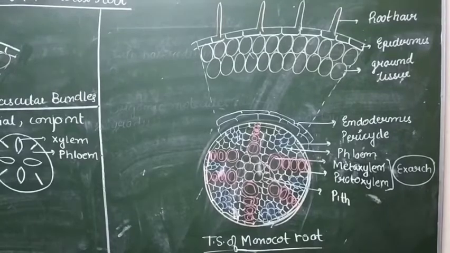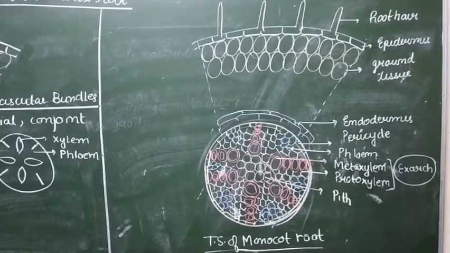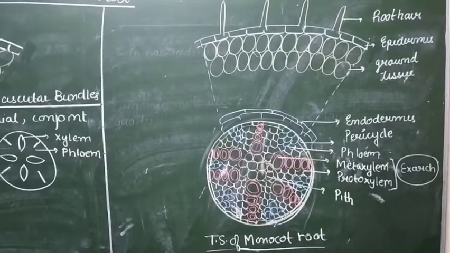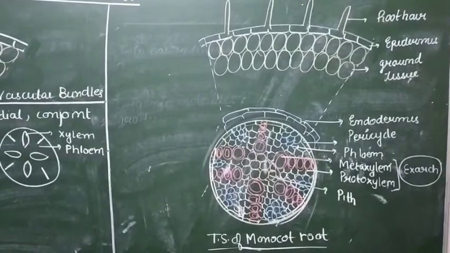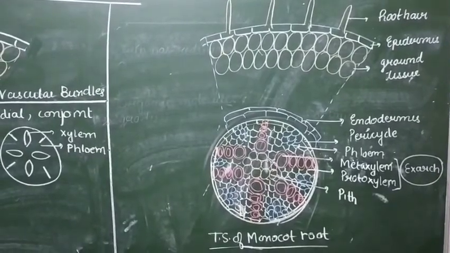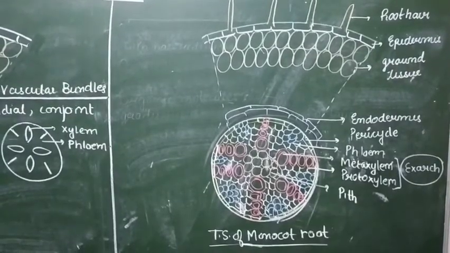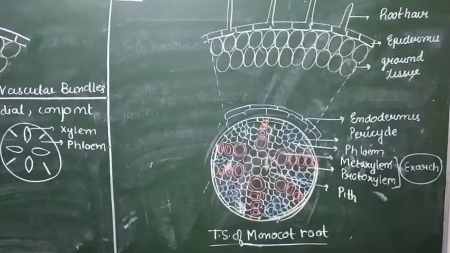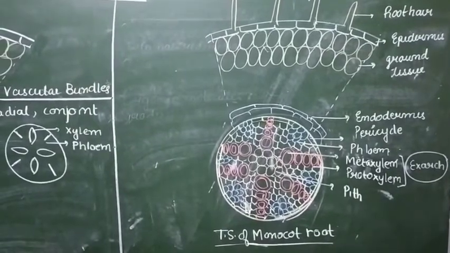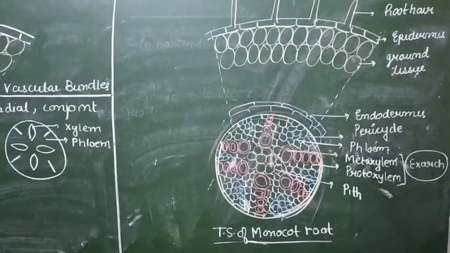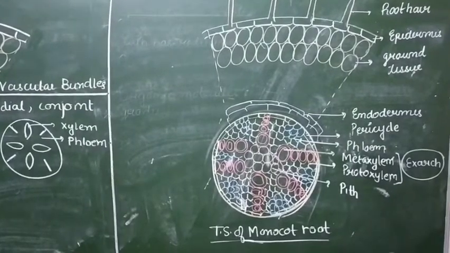And again, now coming and putting emphasis on the vascular bundles. Beta, it is again present in conjoint condition, means the xylem and phloem are present in the same vascular bundle, but not in the radial condition. Here you can see that the xylem is not present in the plus mark sign, as it is in the dicot root.